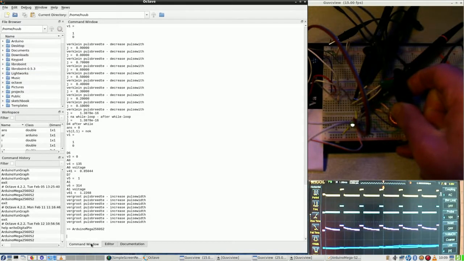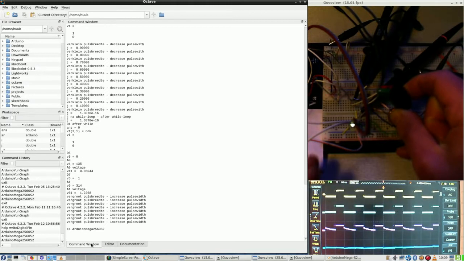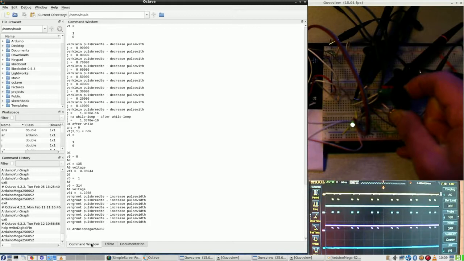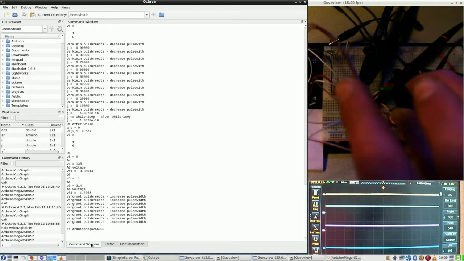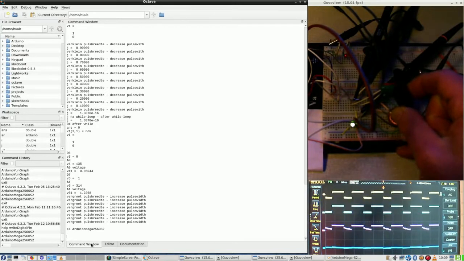I also notice that I am blocking the camera view from the red LED, which is right behind, like here. So now you can see it, or should be able to see it.